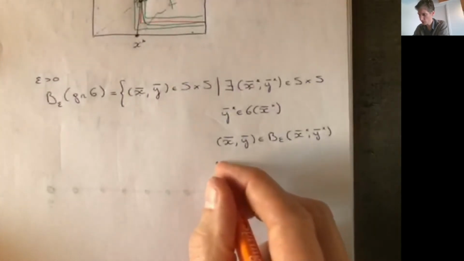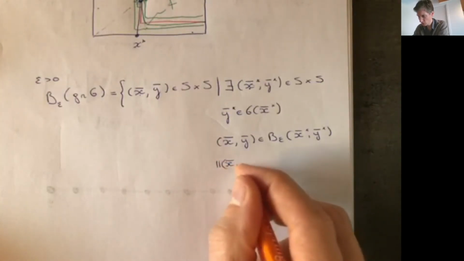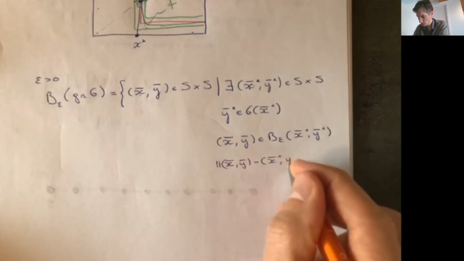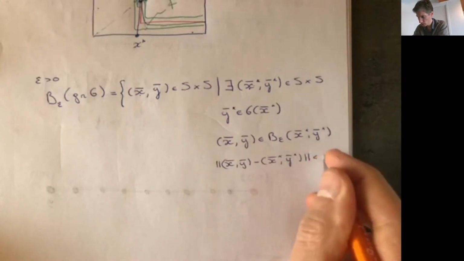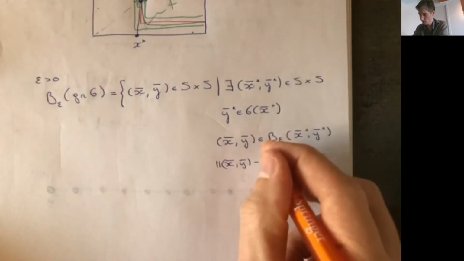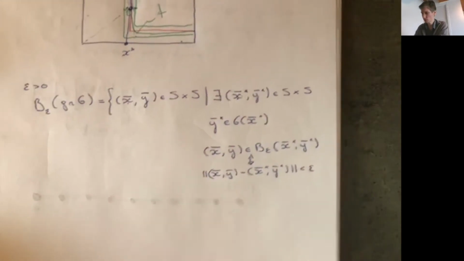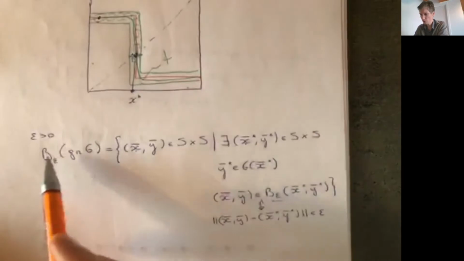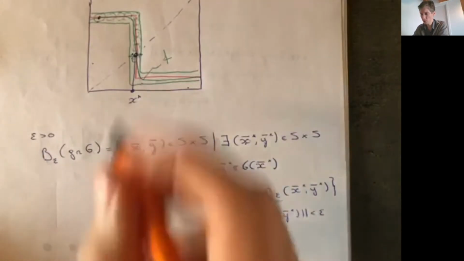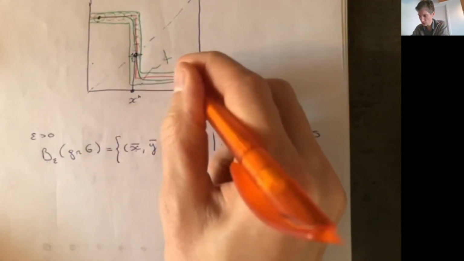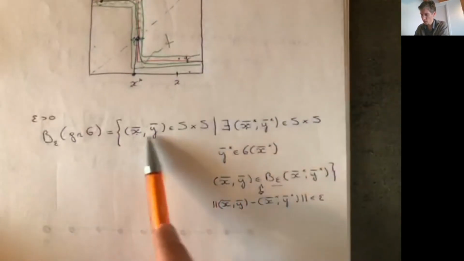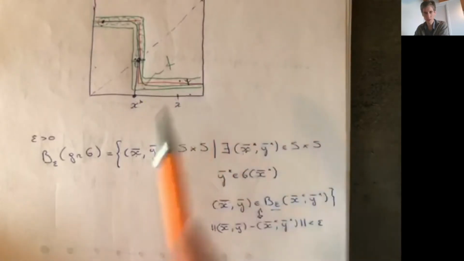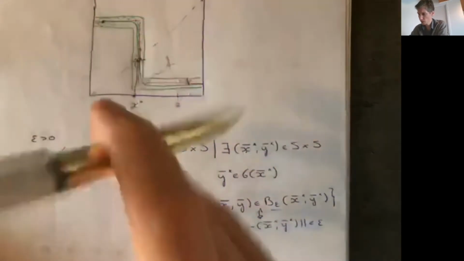This is the same as saying that the distance between x, y and x star, y star is smaller than epsilon. So these two things are equivalent, if you remember this notation here. What's this? This is the set of all x's and y's, here in x and here y, such that I can find an x star and a y star that's epsilon close to this x, y here.